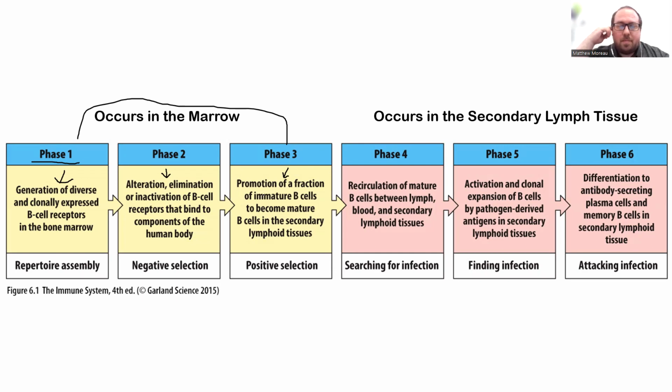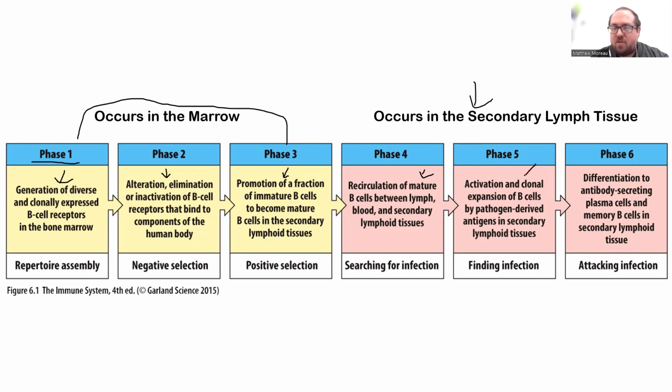And then the second component of development, which is more development via activation, happens in mature but naive B cells. This again occurs in the secondary lymphoid tissue where B cells will mature and circulate between the blood and the lymph.